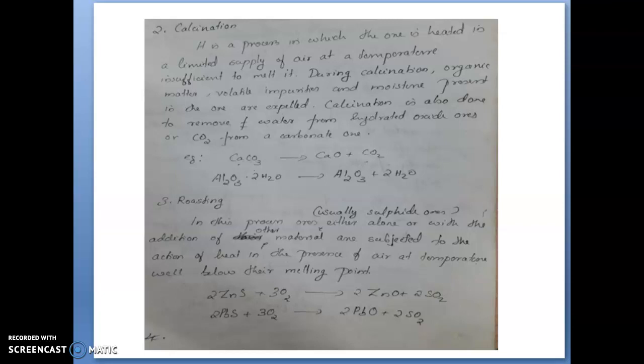Sometimes the impurities will be basic or acidic, and based upon that, the material used for removing these impurities will be acidic or basic. This external substance is known as flux, and the flux combines with the impurities to form a product known as slag. Some examples are given here.